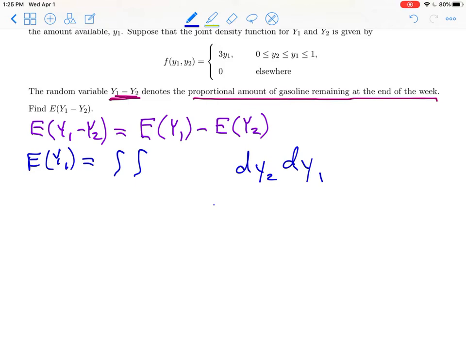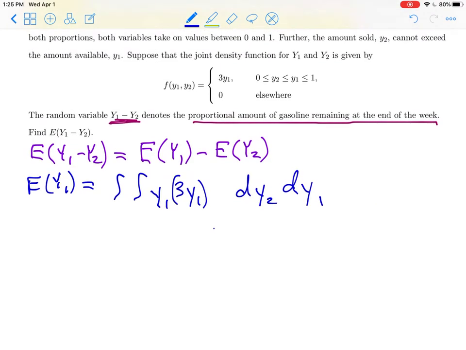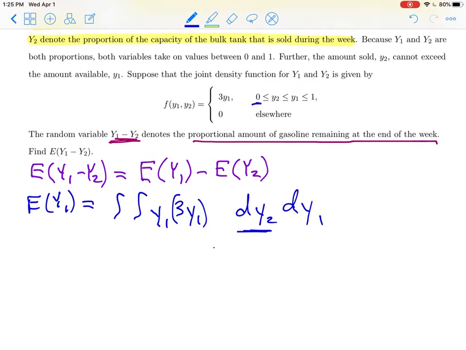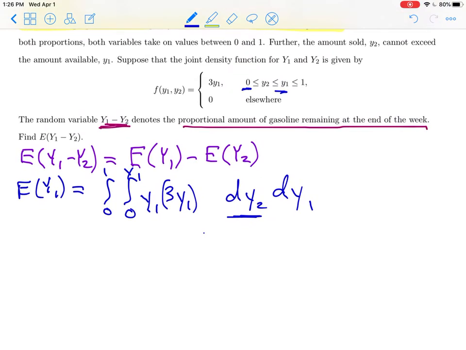So we have Y1 times 3Y1. Here, our limits of integration for Y2 are going to be limited by 0 and Y1. So it's going to integrate from 0 to Y1. Our limits of integration for Y1 then are going to be 0 to 1. It's already taken into account that limiting factor of Y2 on the lower end.